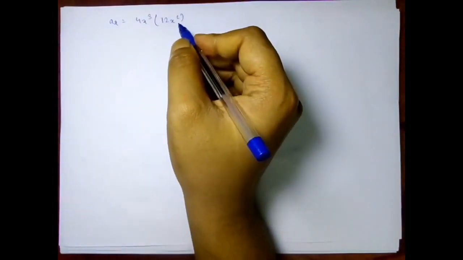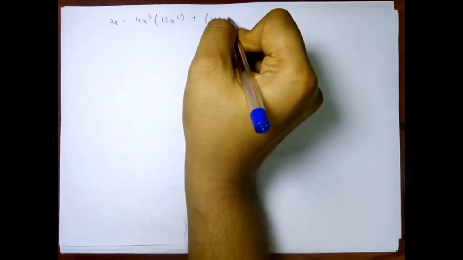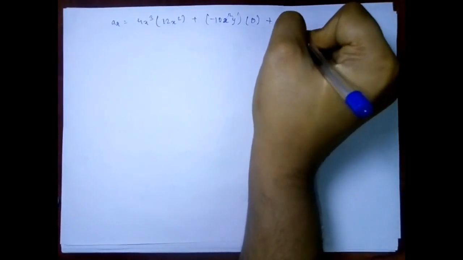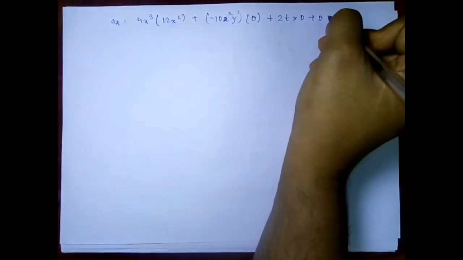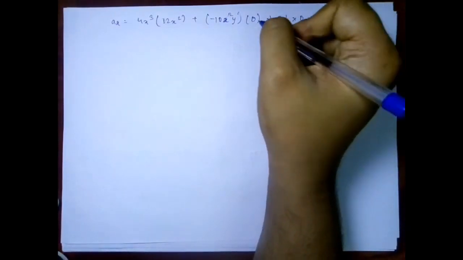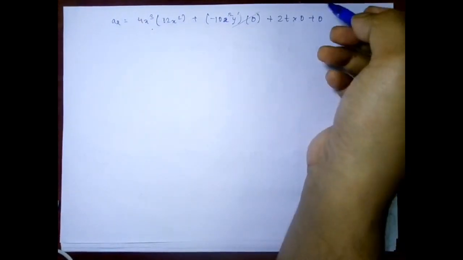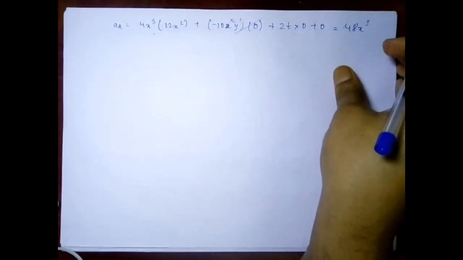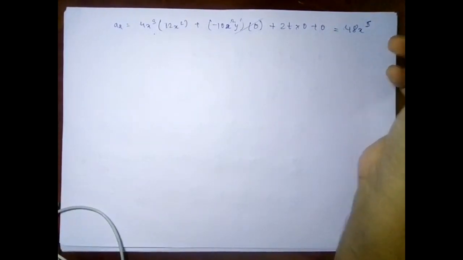So ax will be equal to 4x cube times 12x square plus minus of 10x square y times 0 plus 2t times 0 plus 0, and it is equal to, this is 0 and only this term will be there, all the other terms will be cancelled out, so it will be 48 x to the power 5.